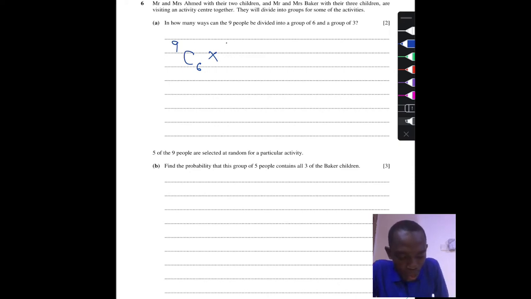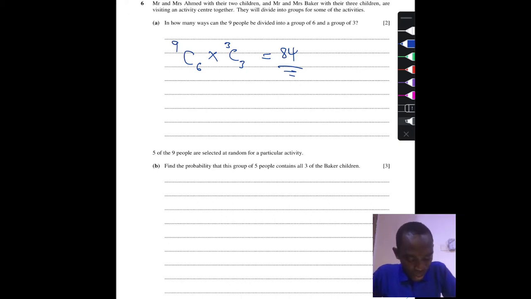So those 3 people now will be chosen to fill the second group. So that's 3 combination 3. So let's put it on our calculator to see what we get. So that is 84. 84, okay? For your 2 marks, and you are good to go.